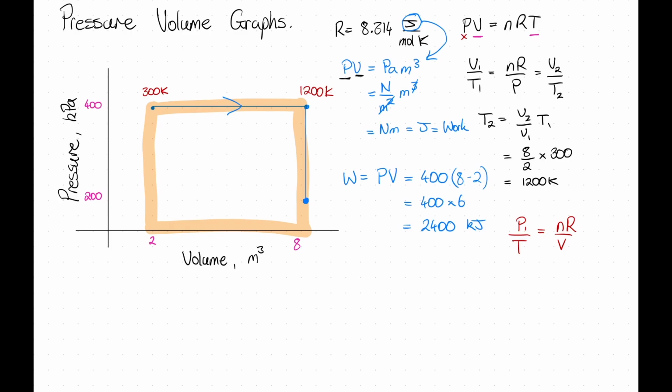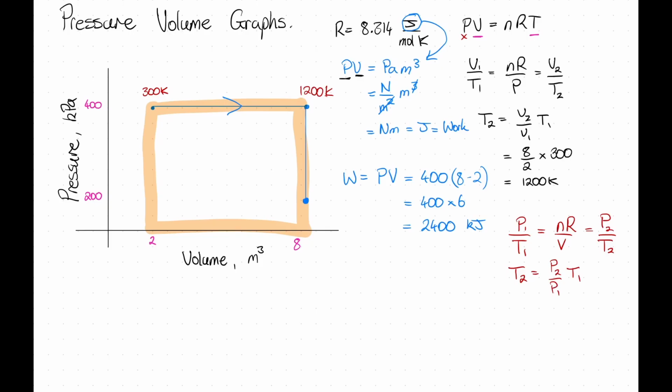Our initial pressure and temperature is going to be equal to our final pressure and temperature, which means that we can then solve for our final temperature by saying that T2 is going to be equal to our final pressure on our initial pressure times the initial temperature.